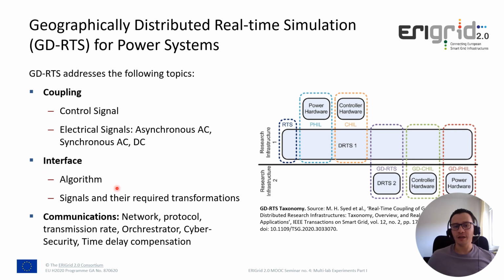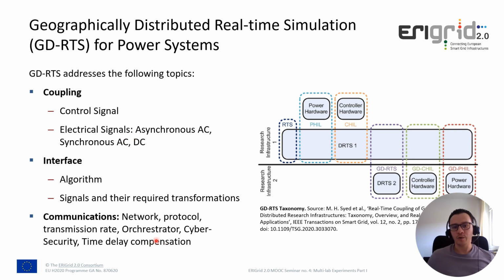This coupling method would depend on the setup and the system dynamics. We need to define the proper interface algorithm and if the signals that are exchanged need to be subject of some transformation, such as the Park transformation. Finally, we need to define the communications protocol. We need to define the proper transmission rate based on the coupling approach.